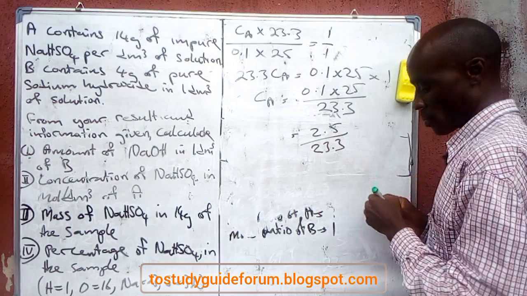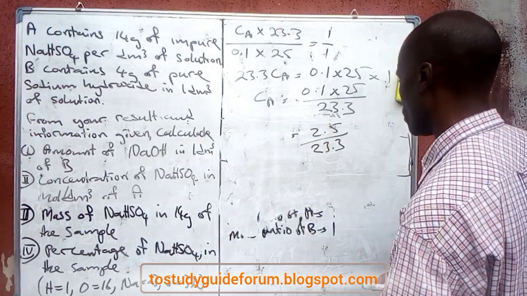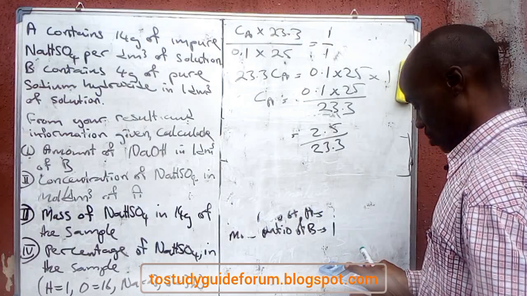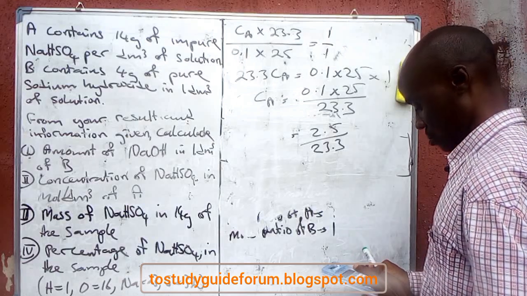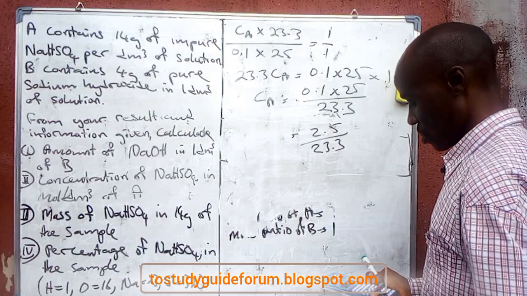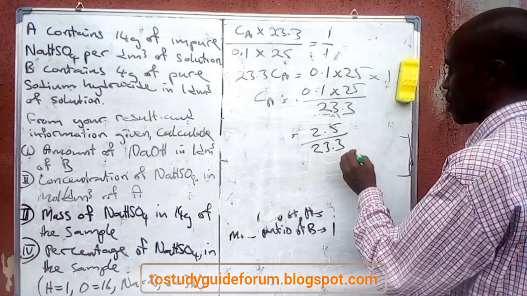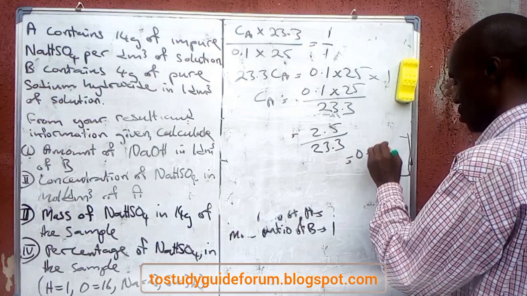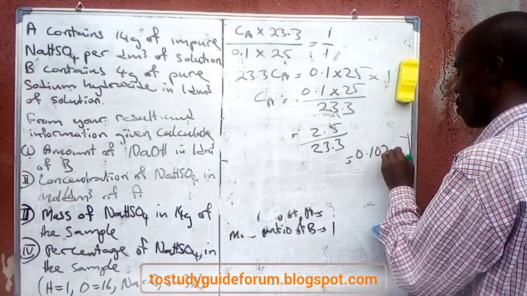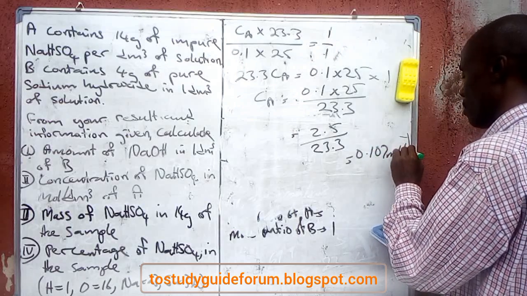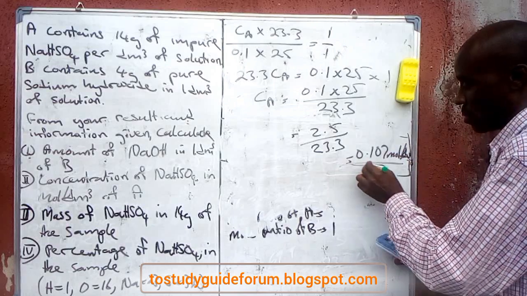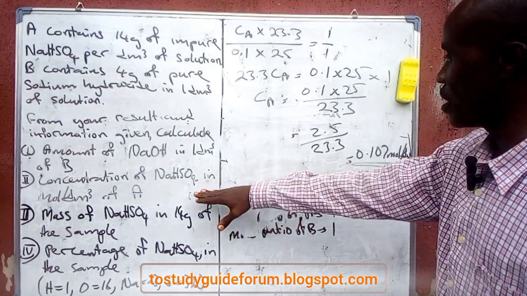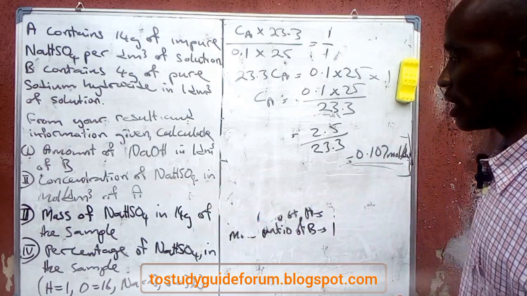We divide this, it will give us, let's see what we have, 0.107 mole per gm cube. Now, we have the concentration of A in mole per gm cube.